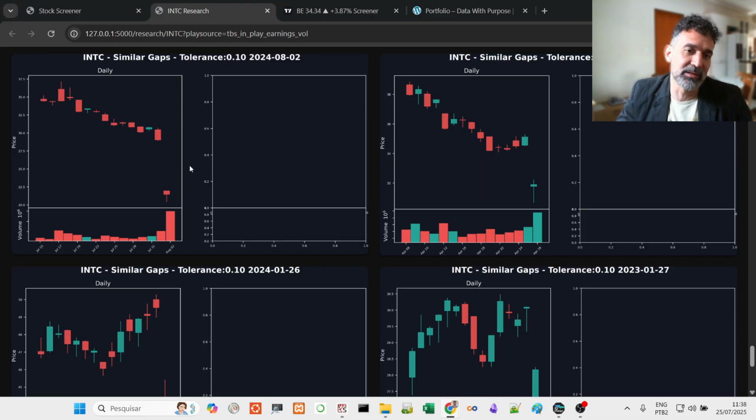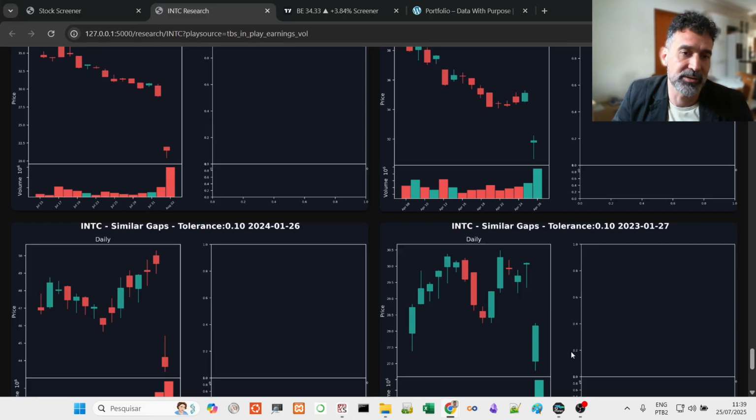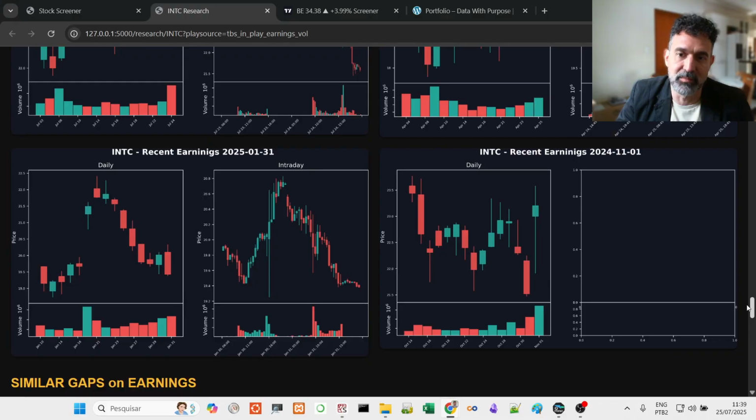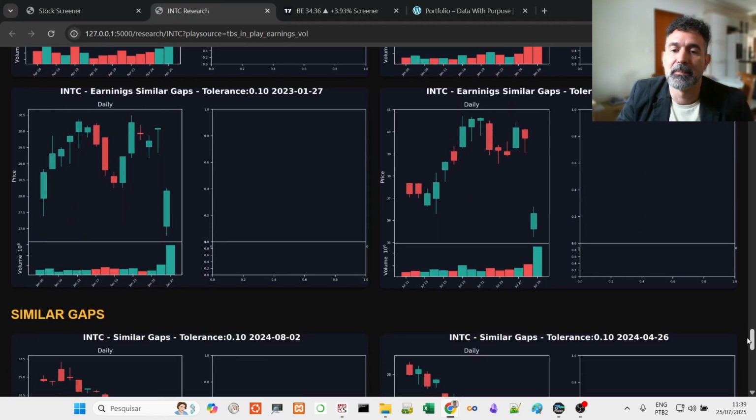So how similar is this gap? It's very similar to the gap we're seeing, and it's showing how it's behaving. So again, we got a 2 out of 4 that it's a bounce. So this would be a 50% chance, but from the other 2 pieces of information, we would choose the bounce instead of the short selling trade.